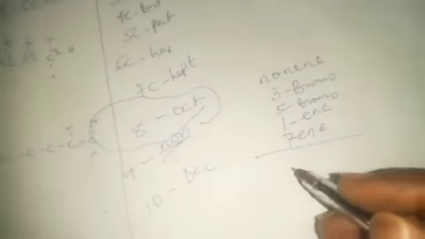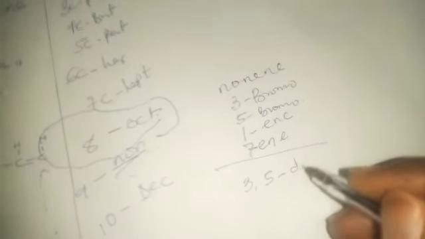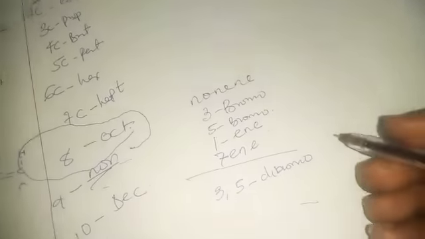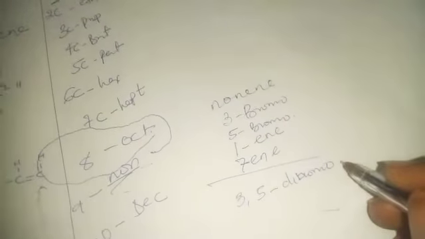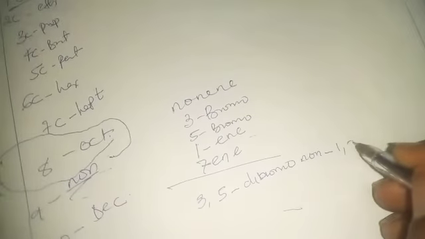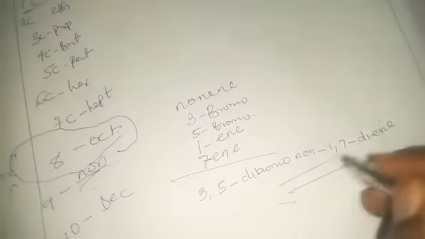With this, we will have 3,5-dibromo non-1,7-diene. Just very simple like that.